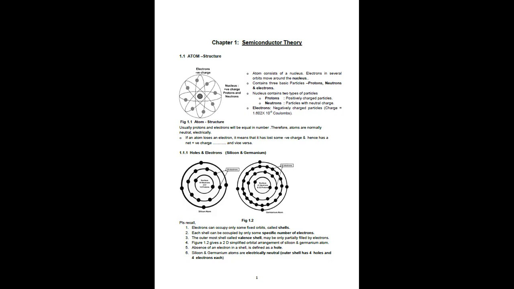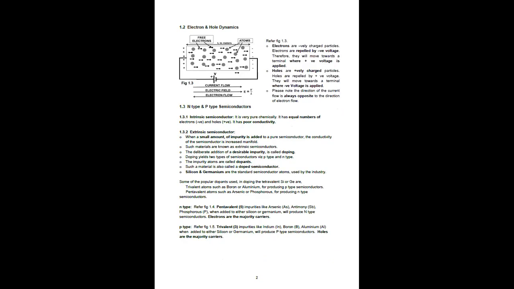Absence of an electron in a shell is defined as a hole. So the deficiency of the electron is actually the hole. The silicon and germanium atoms are electrically neutral. The outer shell has four holes and four electrons each, so either they have to lose these four electrons or gain four more electrons to complete the outermost shell.